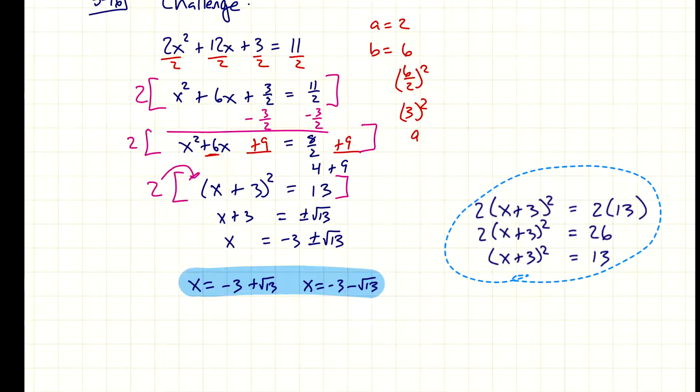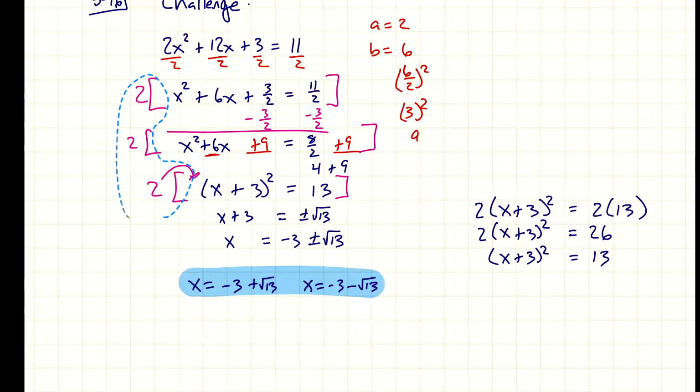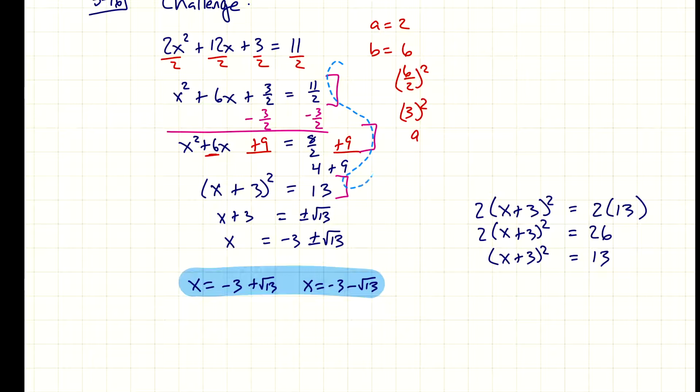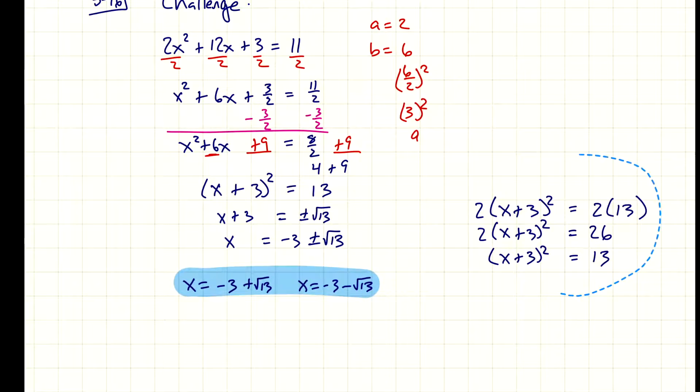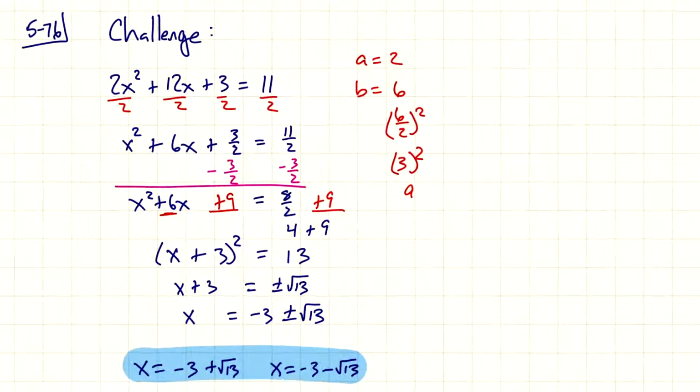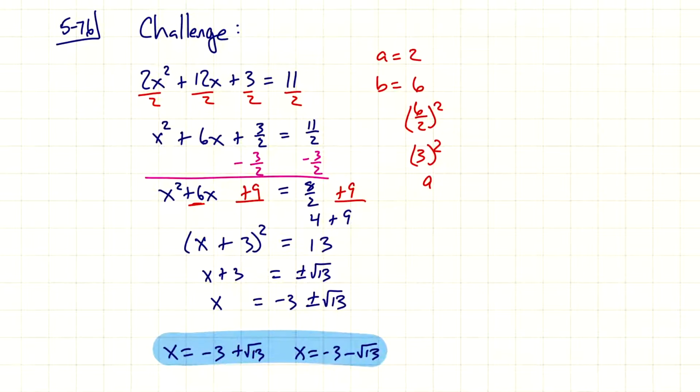So maybe that'll help you. I don't want you to think there was a lot more work here. So what I'm going to do is I'm going to delete this so that you can see this. So it looks a little bit like less work. All right, so there you go.